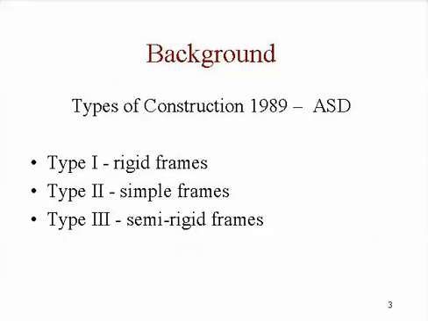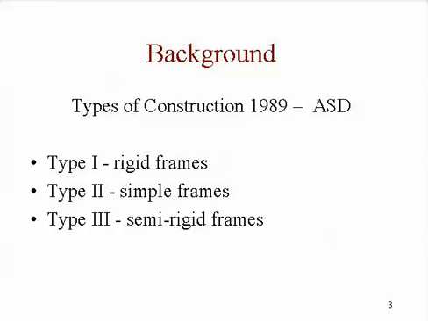And those types of construction, type 1, type 2, and type 3, remained the designations right up through the 1989 ASD specification. So a type 1 construction was a construction with rigid connections, moment frames, rigid frames, again, a whole series of terms that you can use to identify them, but type 1, rigid.